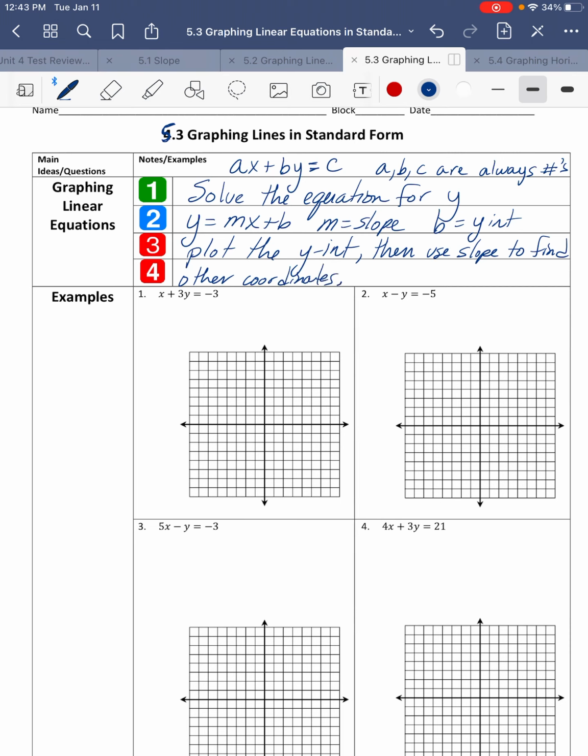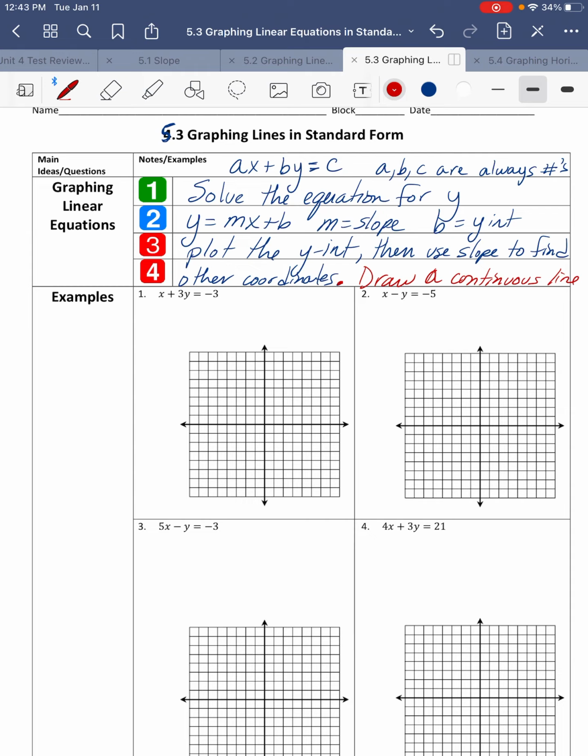And the last step would be to draw a line through the coordinates. Draw a continuous line. So I'll explain that when we get to that.